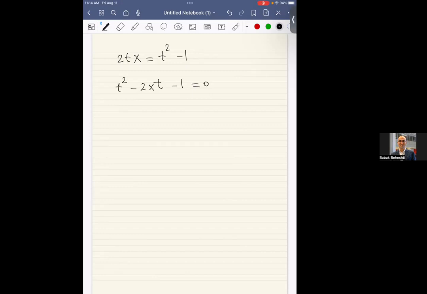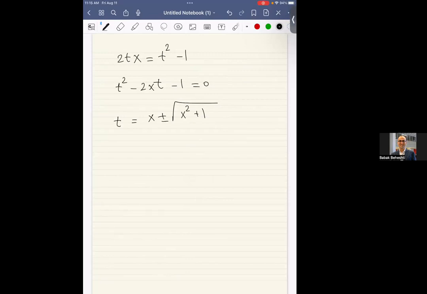So you have two solutions. This is a quadratic. If you write the quadratic formula, t is equal to x plus or minus the square root of x^2 + 1. I simplified basically here, just a small simplification.